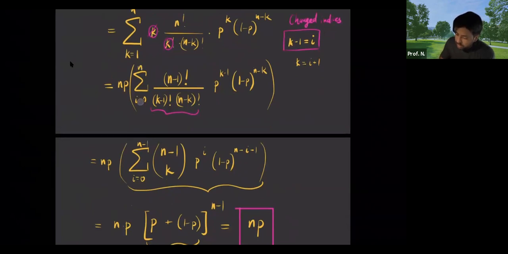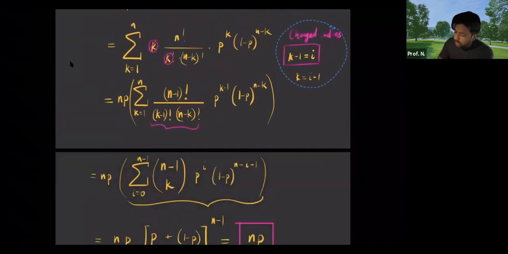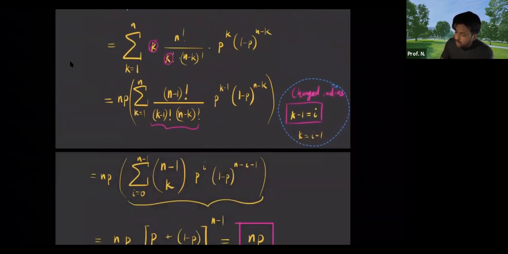And let me replace this with k equals 0, k equals 1, okay? So when I change the indices, I'm not going to change it here. I'm going to change it further down.